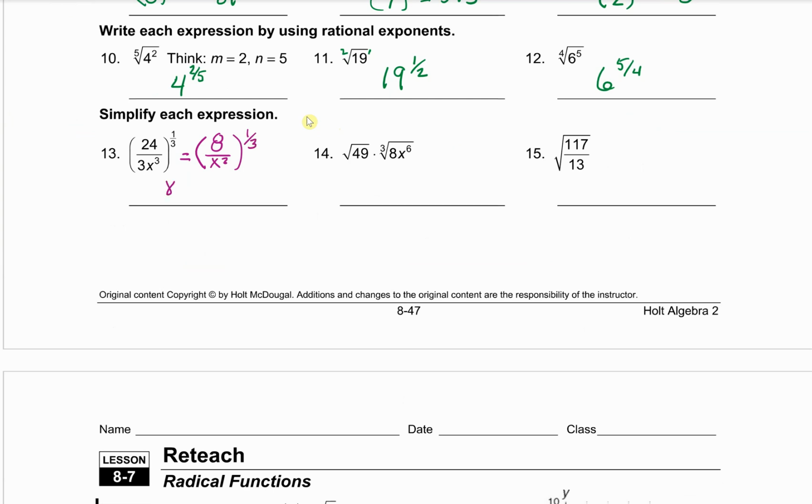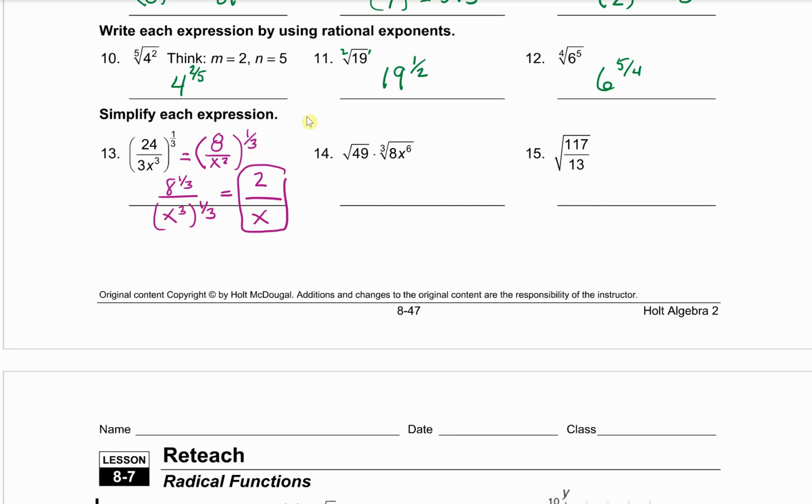So what I end up with is 8 to the 1/3 over x cubed to the 1/3. Well, 3 and 1/3, they cancel out. So I just get x in the bottom. Up top, 8 to the 1/3, remember, is like the cube root of 8, which is 2. So I get 2 over x.